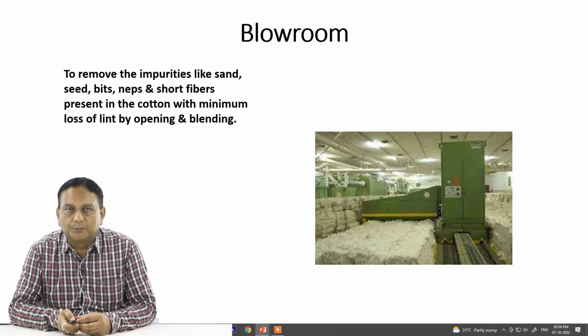Here removal of impurities is the main process. And what are those impurities? Impurities like sand, seed, beads, snaps and short fibers present in the cotton, with minimum loss of lint. And how does it do this? By opening and blending. So these are the different operations that happen in the blow room system.